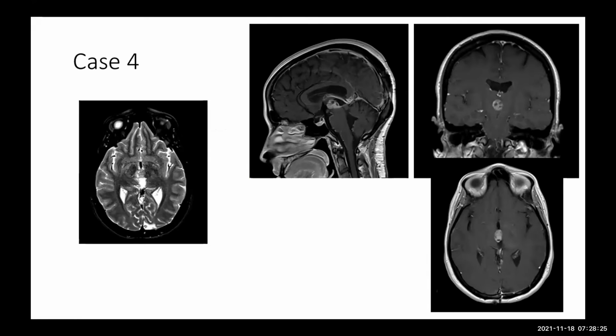So this looks hyperintense on MRI with contrast on coronal, axial, and sagittal views. It seems there's some calcification. I'd say my first differential would be germinoma.